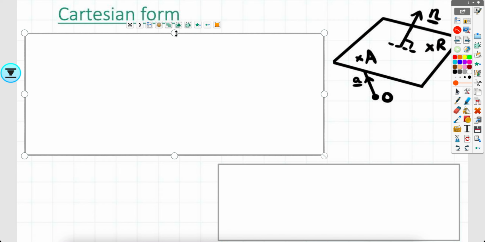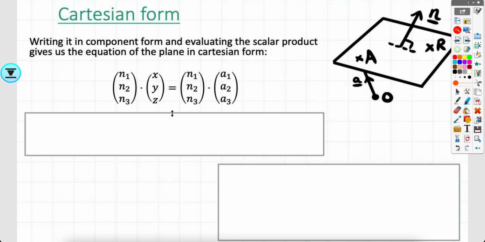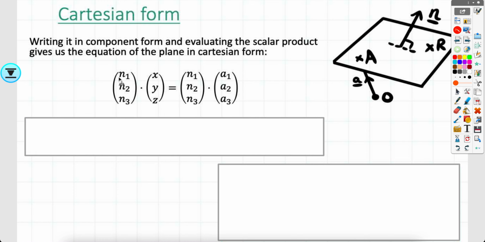So how do we write it in Cartesian form? Why did I say that the normal is a helpful piece of information to write something in Cartesian form? Well, let's write it in component form and see what we actually get. The same equation as the last line, if I write it in component form, and then I actually solve it. So remember, scalar product's just taking n1 times x plus n2 times y plus n3 times z.